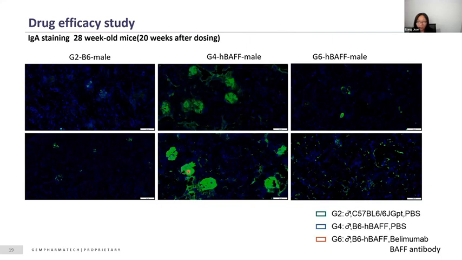In the immunostaining study, we also found intensive staining of IgA, showing increased IgA level in the humanized BAFF mouse model, and treatment with the BAFF antibody could reduce the IgA-positive staining.